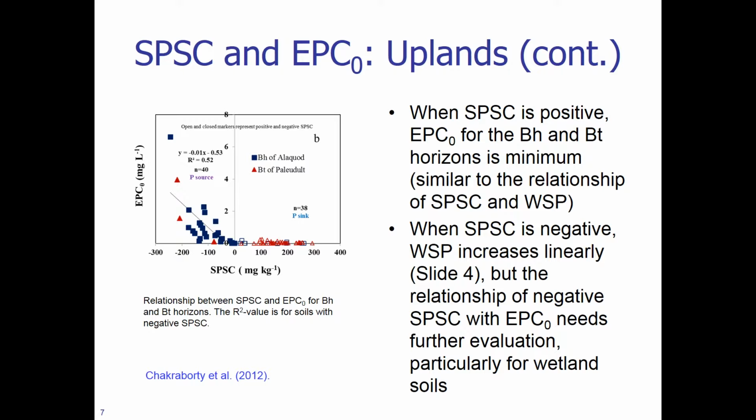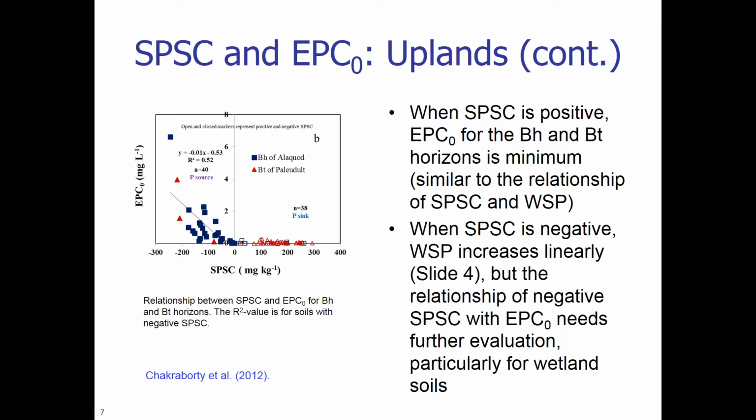The reason, as you know by now, is that the surface horizons, especially of Spodosols, do not have any P retention capacity, and therefore it is less likely to provide a good relationship between SPSC and EPC0.